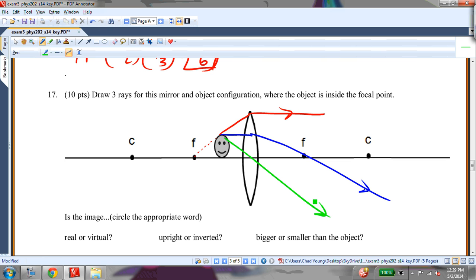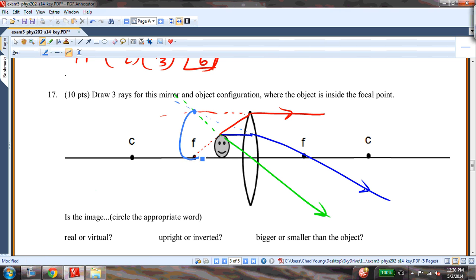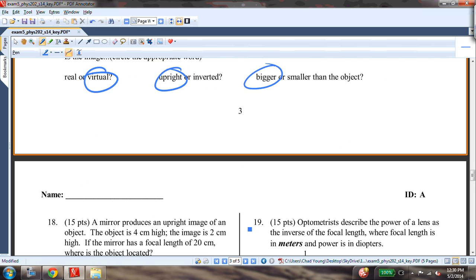All right, and I can trace these back. So my image is going to be right here. It is a virtual image. It is upright, and it is bigger. This is like a magnifying glass.